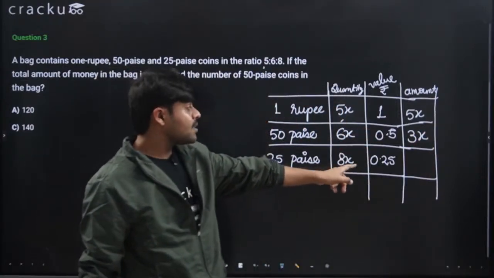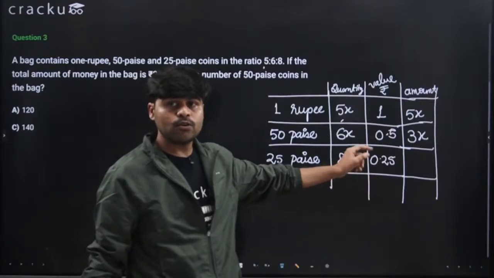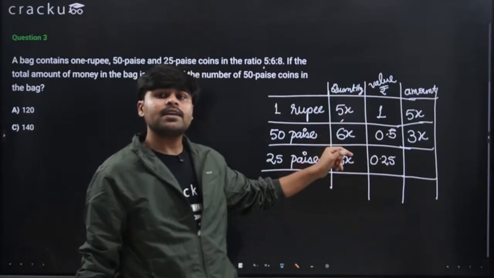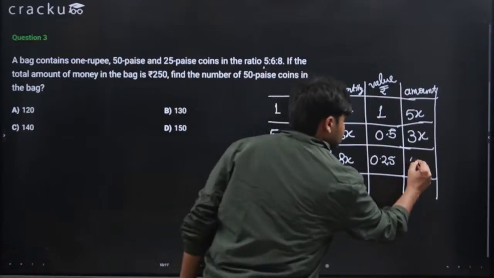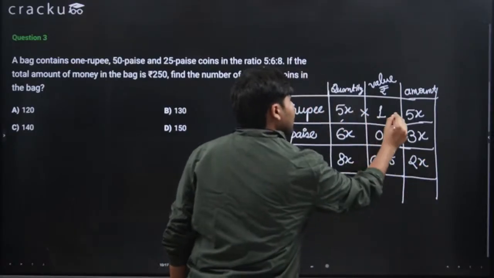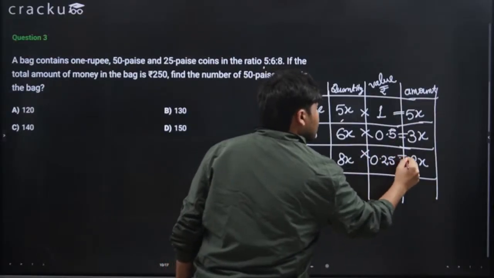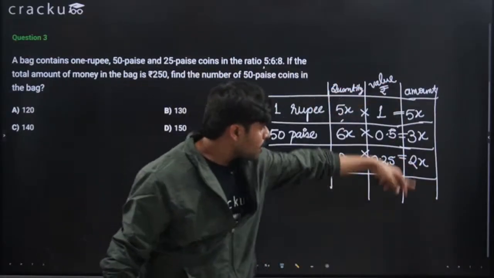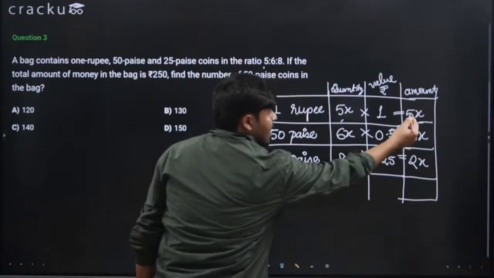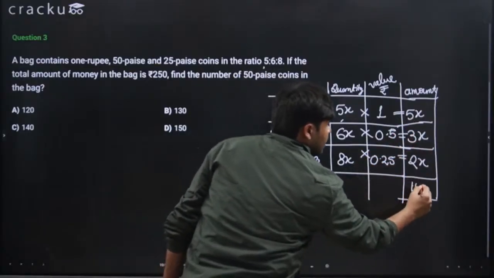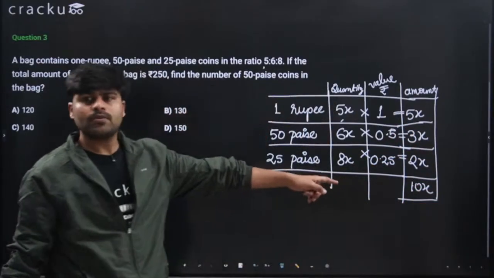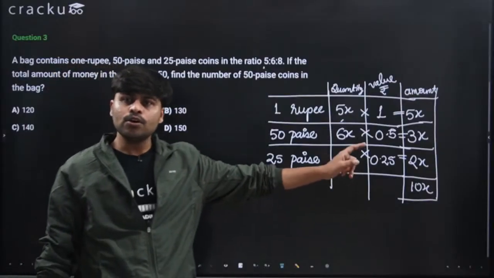Here 8x times 0.25 is nothing but 8 divided by 4, so this is 2x. So this is the total amount. The total amount sums to 5x plus 3x plus 2x, which is 10x. 10x is the total amount.